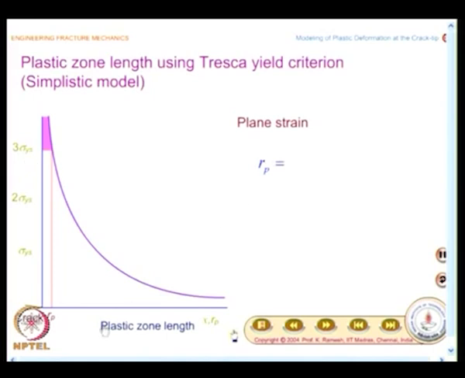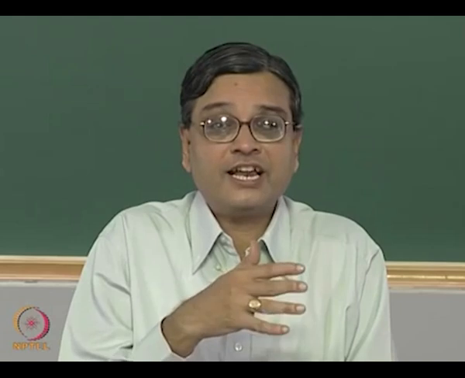And you also define there is a length, you are looking at what happens along the crack axis, simply mark this point as the length. This is erroneous, we would improve upon it later. First we have said we would simply find out the yield strength value, based on that find out what the length is, based on this find out what happens as a function of theta. That would give the plastic zone shape, which is very approximate, because we are not considering redistribution of load, we are simply plugging in mathematically whichever points reach the yield strength value.